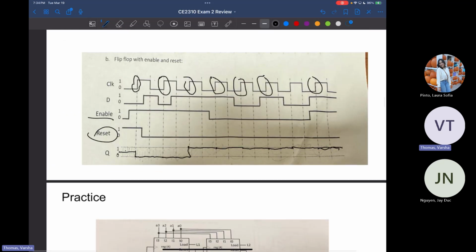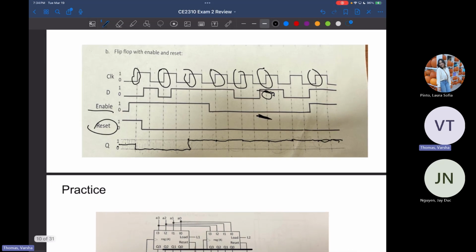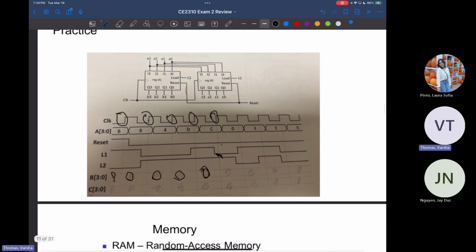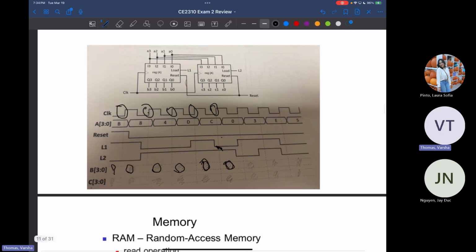We had an example here that even though our input was 1 around this area, our enable was 0, so we kept the output as a 1. So we're gonna use the same concept in this question. So we're gonna keep the D. And we're gonna move on to the next rising edge.